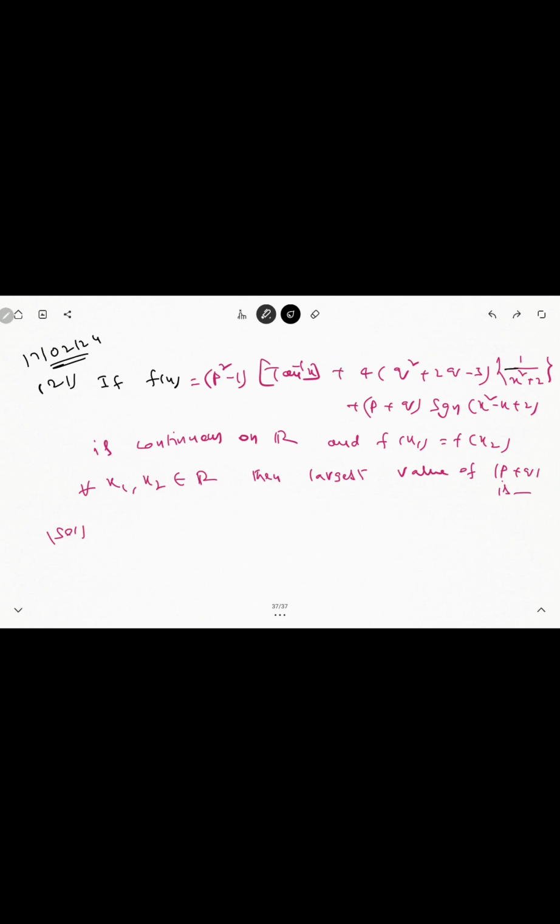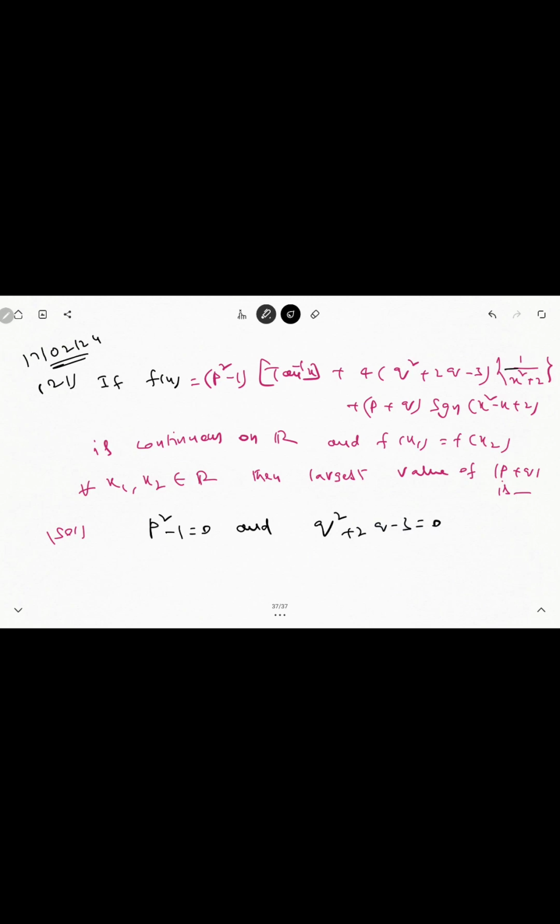Simple logic. Similarly, fractional part of 1 by x square plus 2 also is discontinuous at integers. Okay? So this also I don't want. So what is the logic here? Simply, according to the given condition, p square minus 1 must be 0 and this coefficient also must be 0.